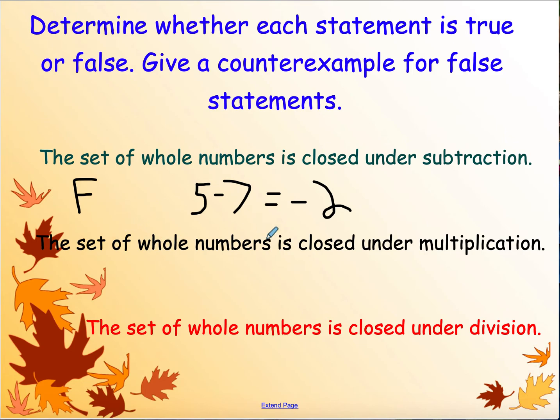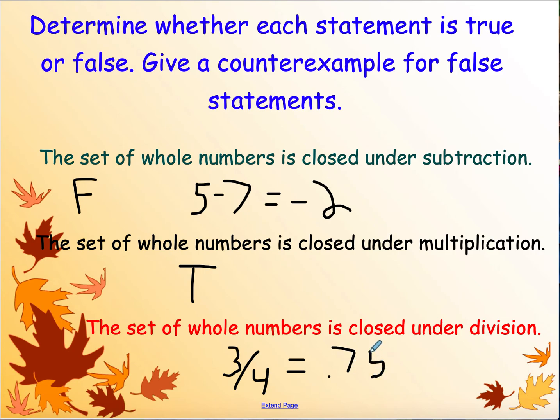All right, here, the set of whole numbers is closed under multiplication. If we think, okay, any two whole numbers we multiply, we're always going to get a whole number in all cases. So that is actually true. And then here, the set of whole numbers is closed under division. If we think about something like 3 divided by 4, we have 2 whole numbers being divided here. But when we actually divide them, 3 divided by 4 is going to be 0.75.